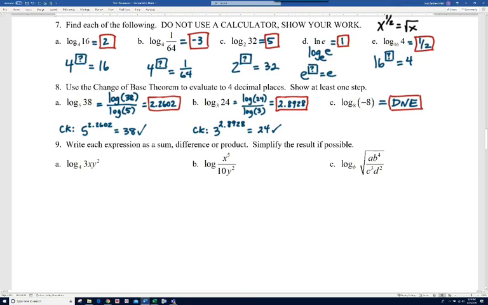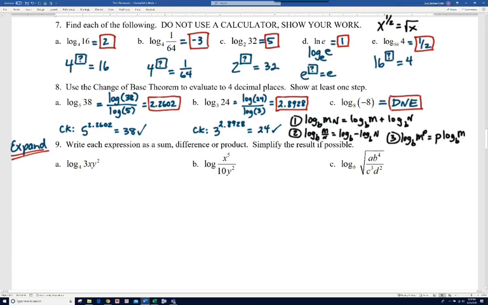All right, now for number 9, it says write each expression as a sum, difference, or product. Simplify the result if possible. Now, the word I used for these is we're going to expand these. They're currently single logs, and we're going to expand them until we have logs of a single value. Now, we have 3 properties that we use when we do this.